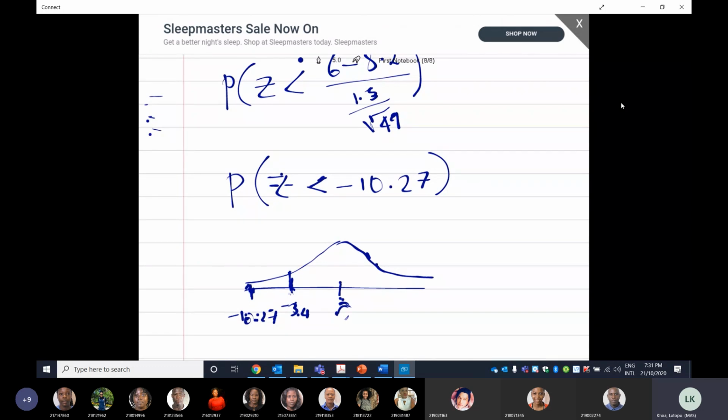If you move even further, closer to negative infinity, your area is even smaller. So already at negative 3.4, your area is approximately equal to 0, and so at negative 10.27 this is also approximately equal to 0.